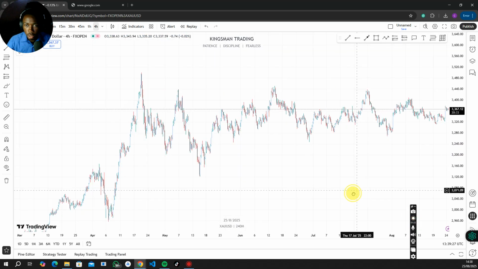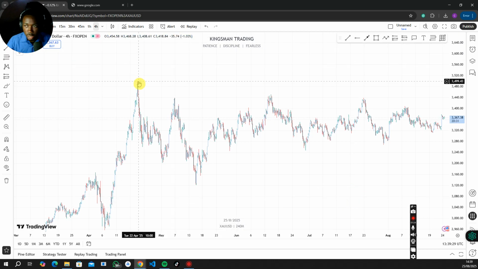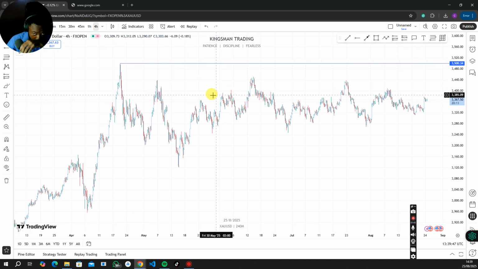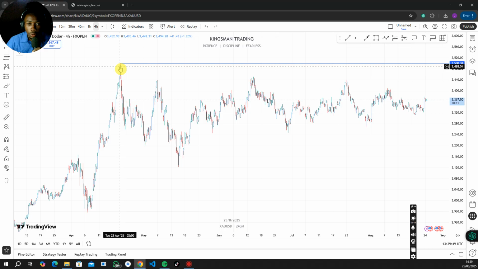So first of all, I think this is the all-time high of gold, and it's almost at the psychological point of 3,500, which is a very significant milestone for XAUUSD. So let's mark this out now. We've gotten our swing high to be this all-time high here.